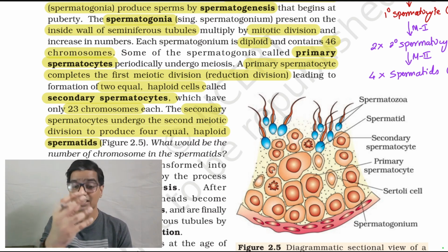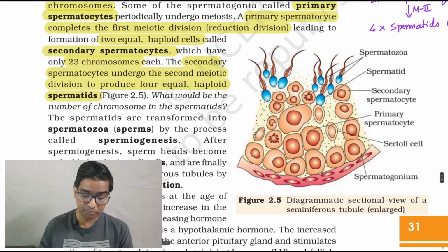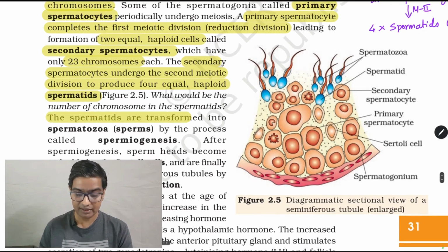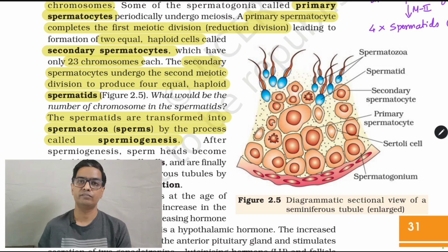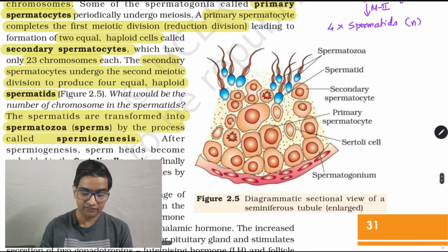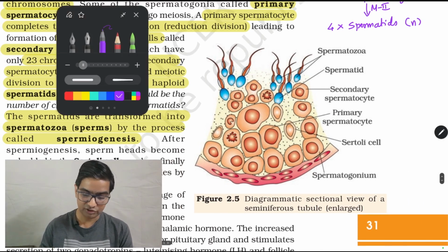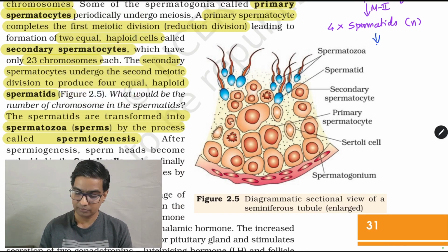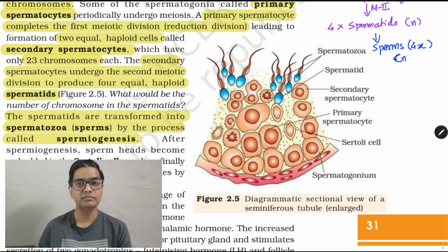A lot of rearrangement has to happen. This process by which the spermatids are transformed into sperms is called spermiogenesis. So this will eventually give rise to sperms, which will be 4x in number as compared to the primary spermatocyte, and they will be N.